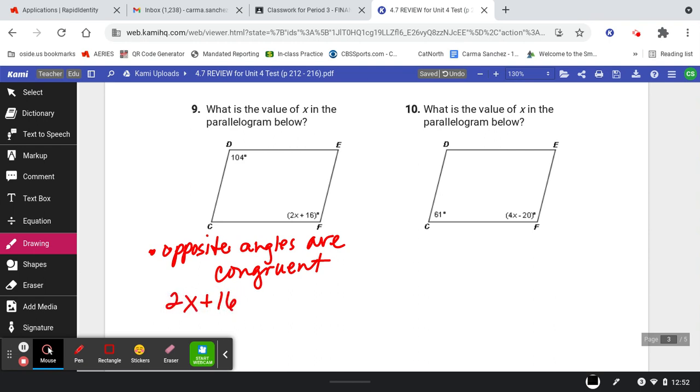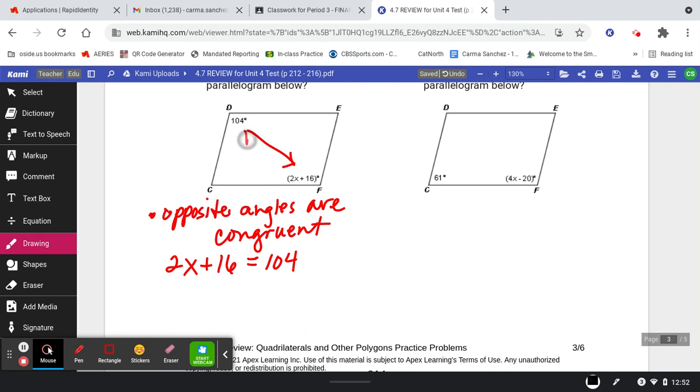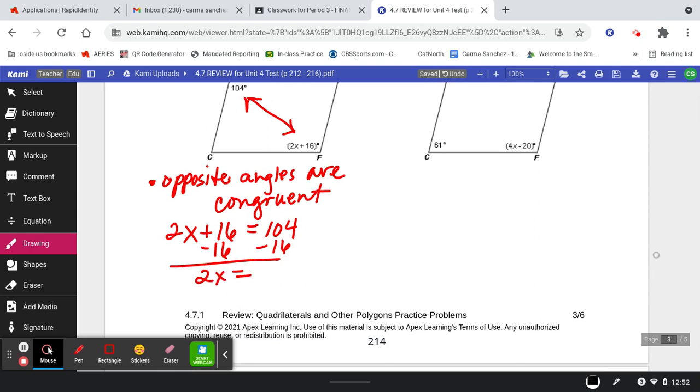Good. 2x plus 16 is equal to 104. Those opposite angles are congruent. So grab that calculator, do 104 minus 16, and divide that by 2.